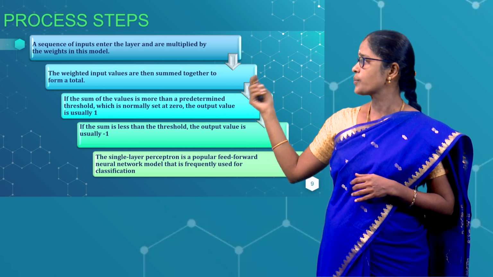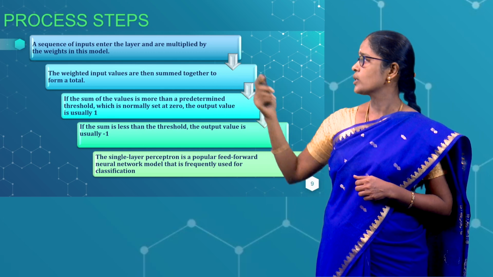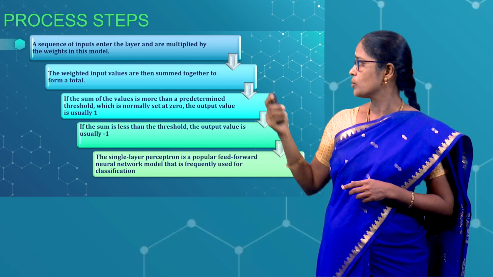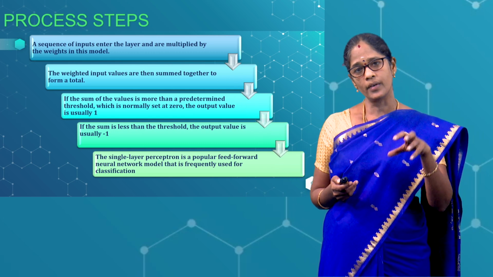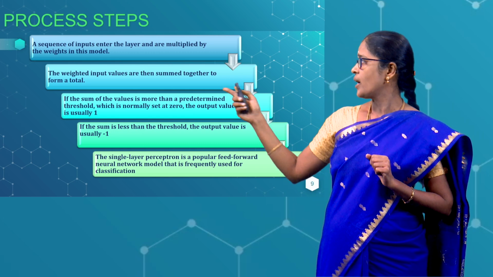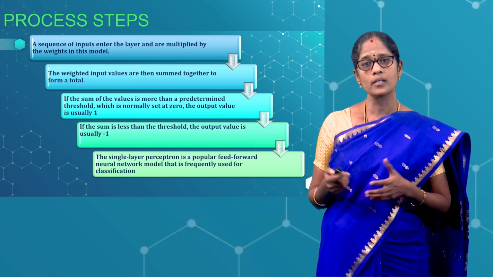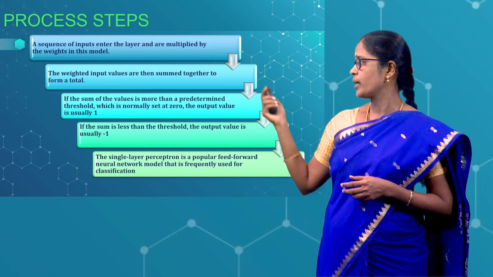The sequence of steps we follow is, we take the inputs and enter them into the layer, and these are given weights and multiplied through, and these weighted input values are summed together to form a total.